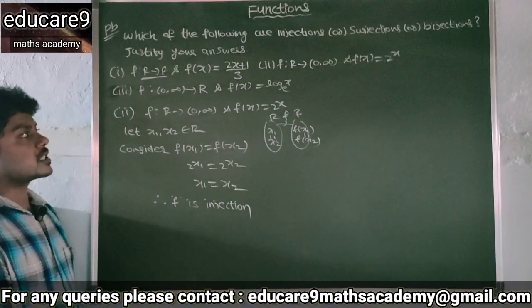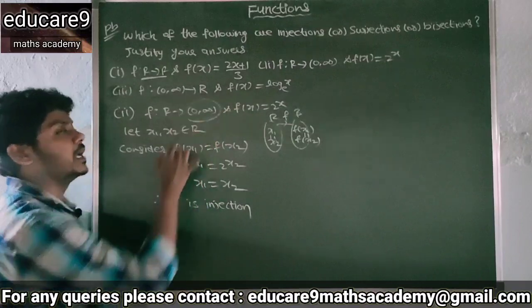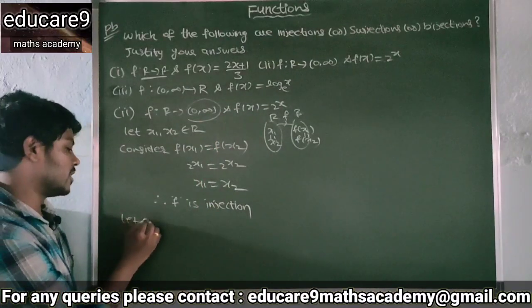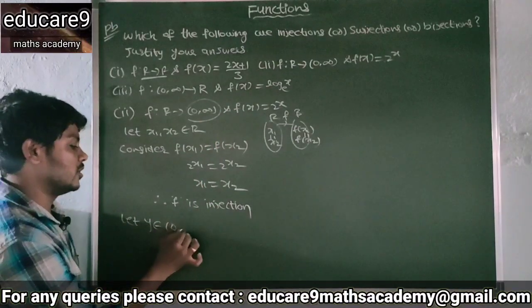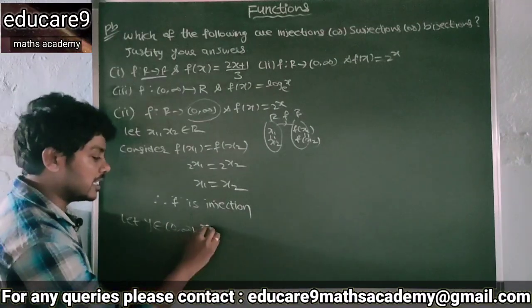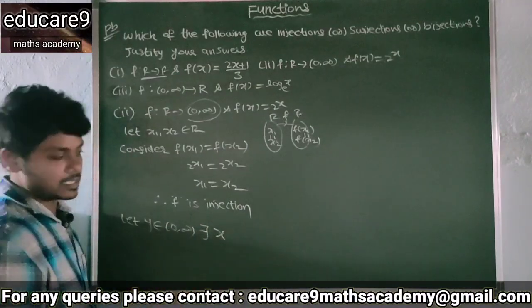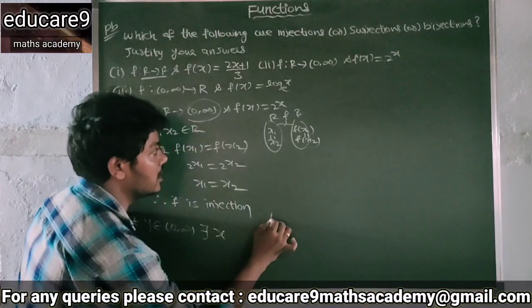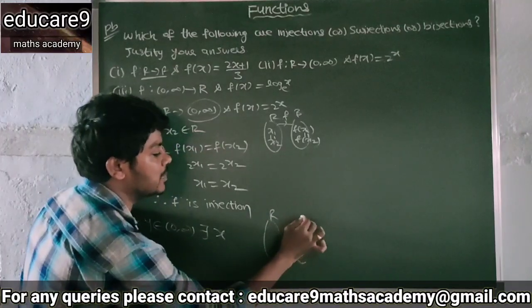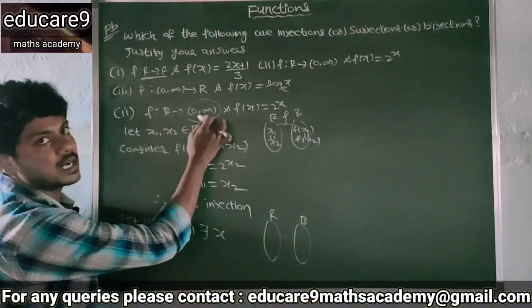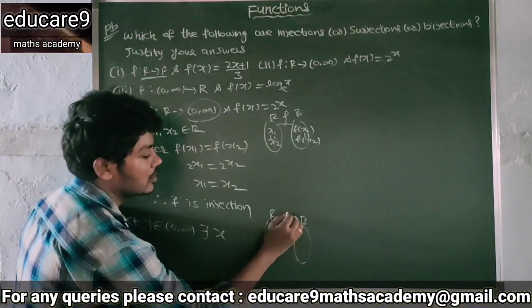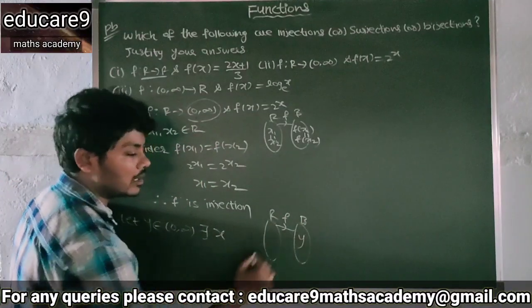For an onto function, let's take some element in the codomain. So let y belong to (0, infinity). So there exists some element, that is x. See here, this is R and this is B. B is the open-ended interval 0 to infinity. So let's take some element in the codomain.